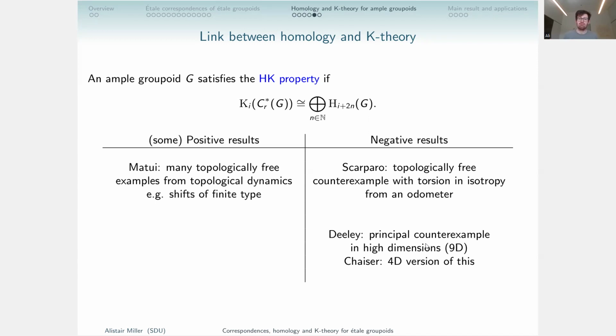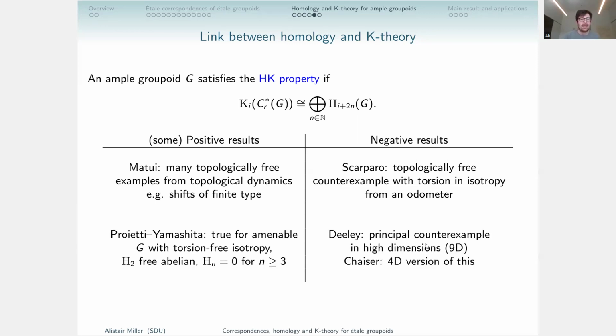Then his student, Rachel Chaser, made a 4-dimensional version of that which still gives you a counterexample. So the point is that 4 dimensions is too high for this simple relationship to hold. We think of this as a low-dimensional phenomenon.